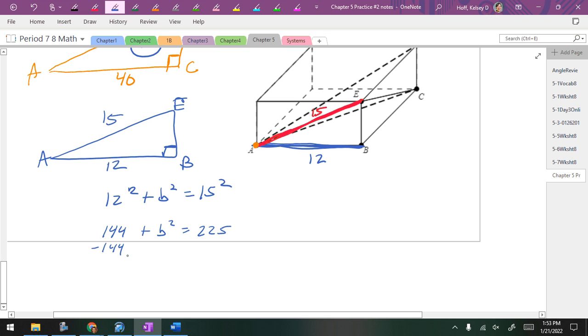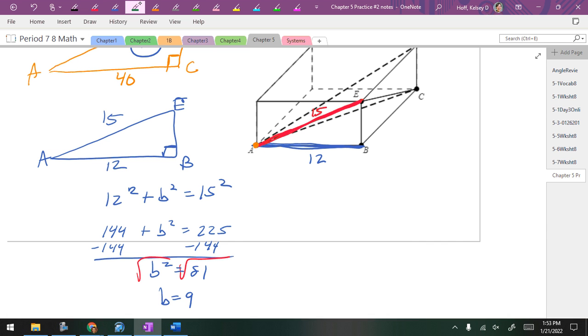Then subtract 144 and you get 81. I take the square root of it. That means my side is 9. So this side right here is 9.